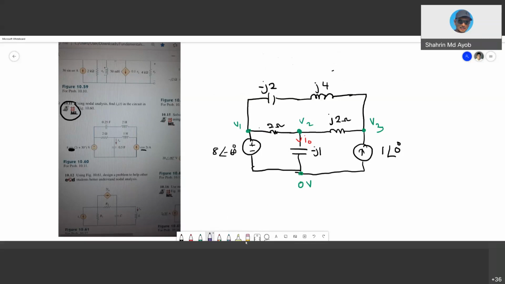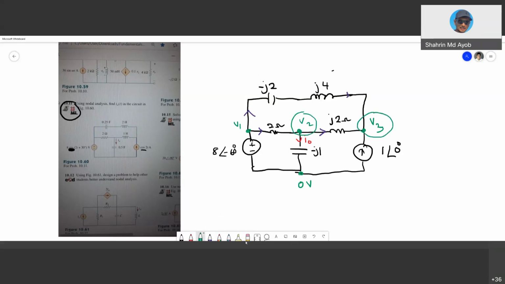Okay, so identify the current direction first. So this one like this, and maybe this one. So Io is this one. But if you can see here, there are only two unknown voltages, which are V2 and V3.